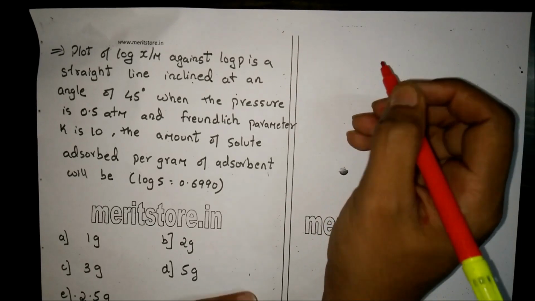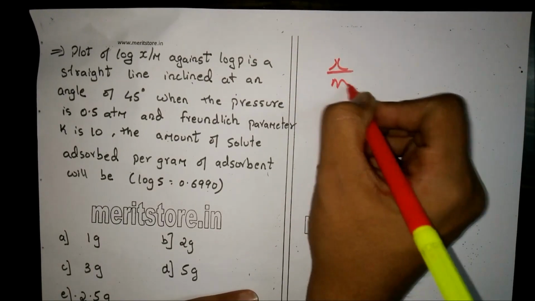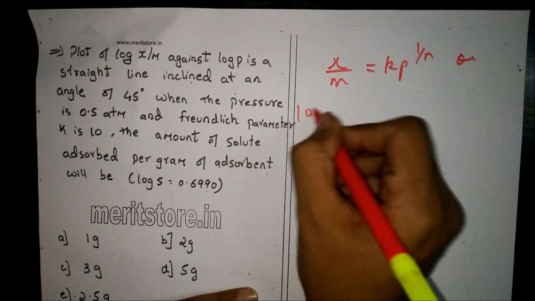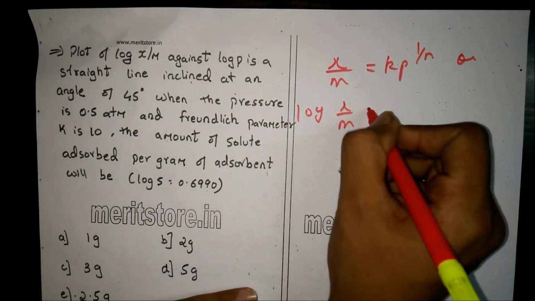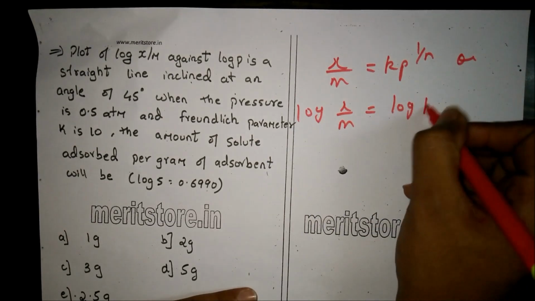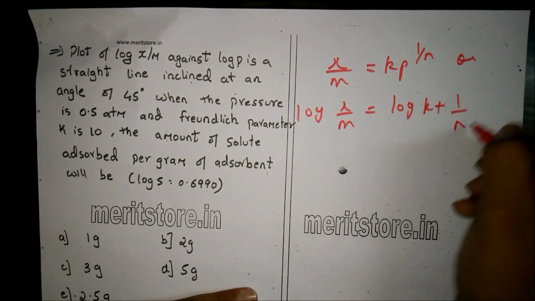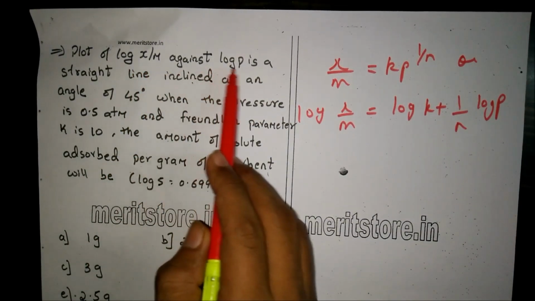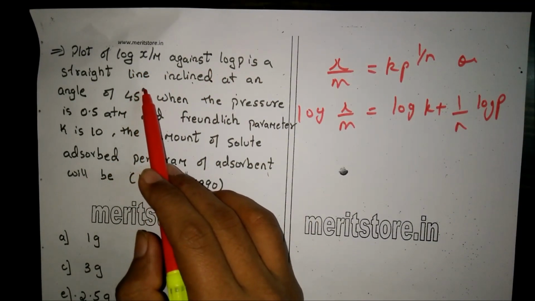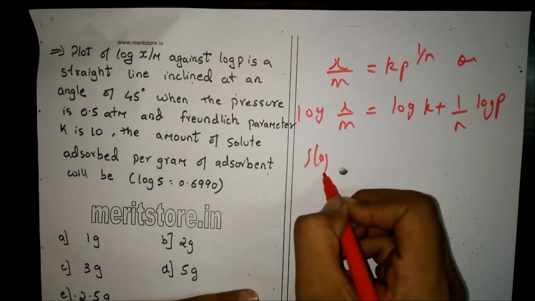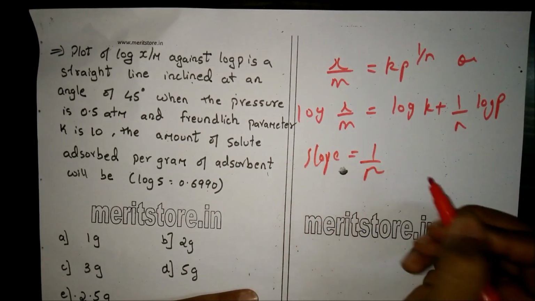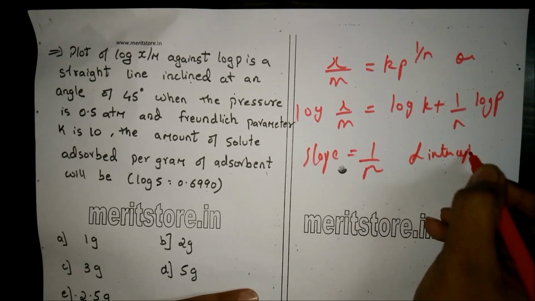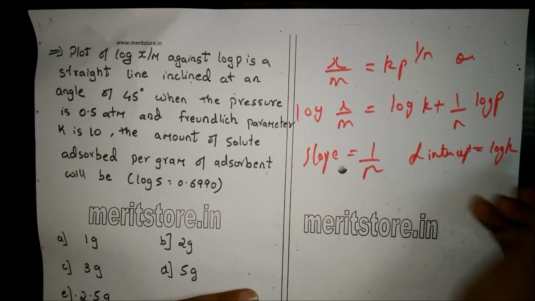Now, according to Freundlich equation, x/m = k into P raised to 1/n, or log of x/m = log of k + 1/n log P. Therefore, the plot of log x/m against log P is a straight line, with slope equal to 1/n and intercept equal to log k.